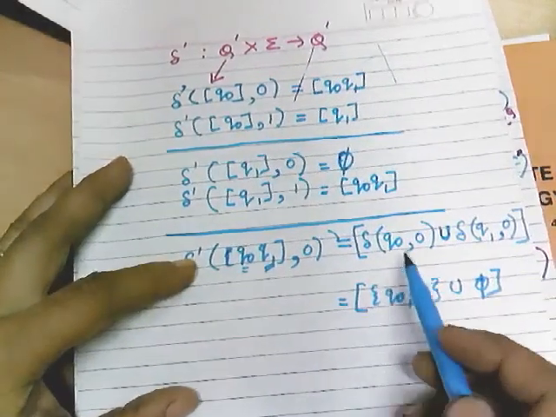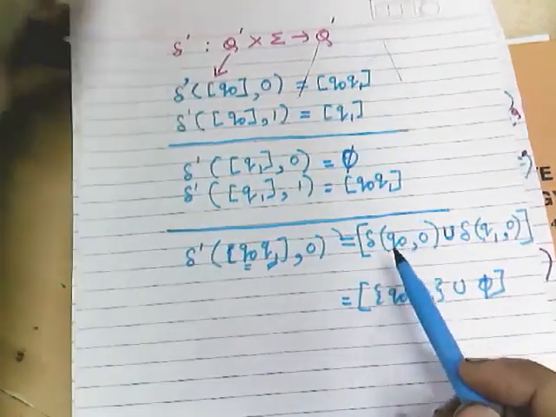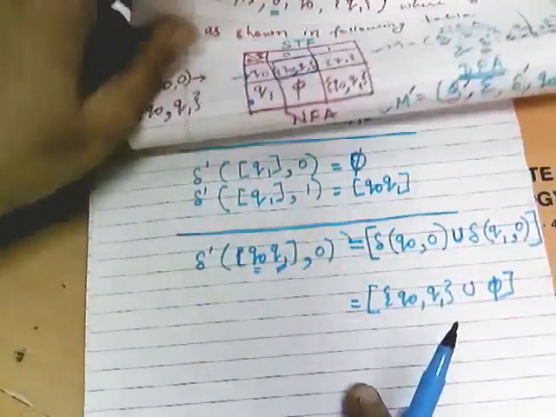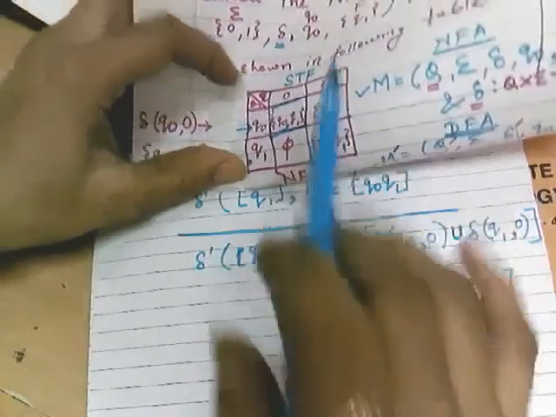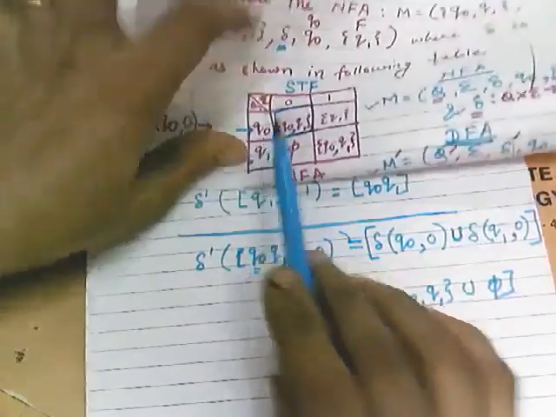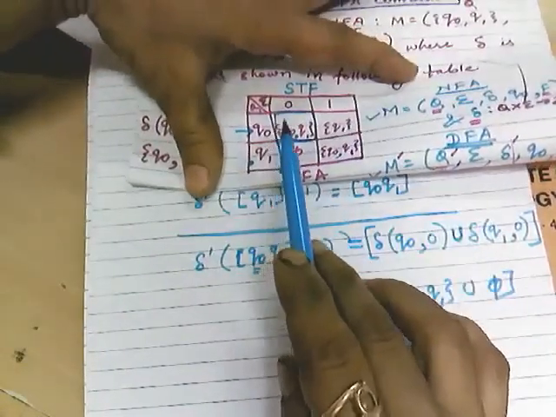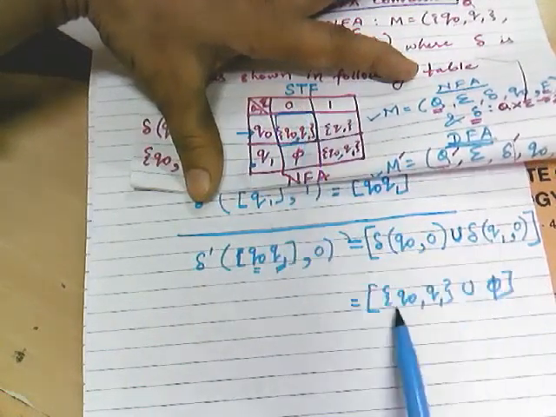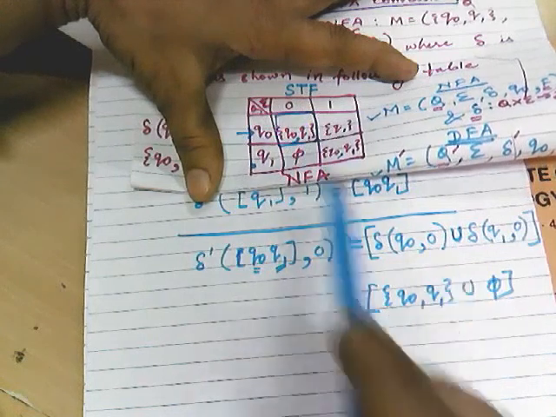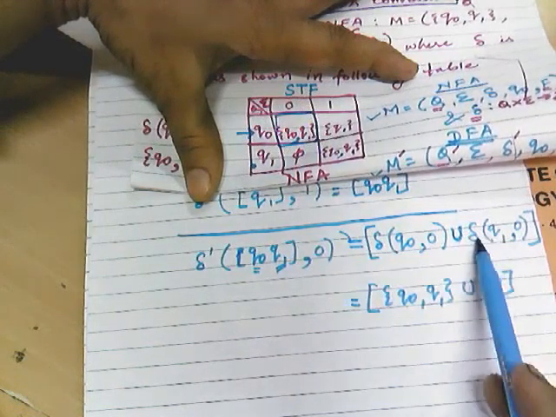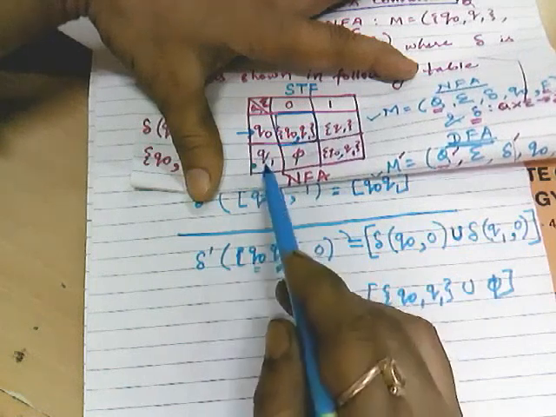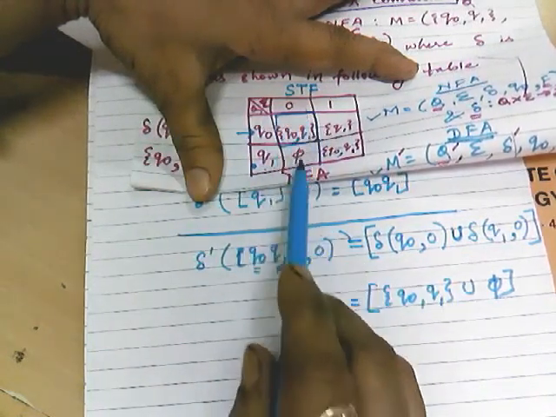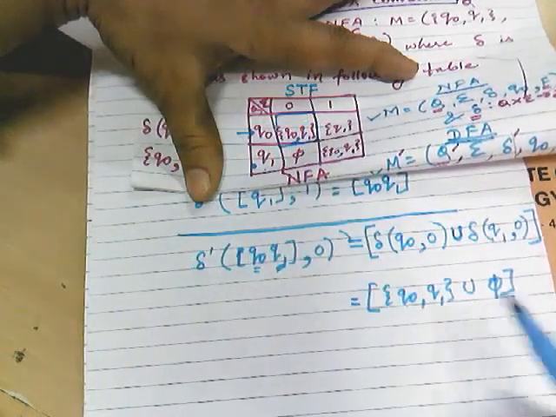So how have I written it? Delta q0 comma 0 is q0 comma q1. I have written q0 comma q1 union delta q1 comma 0, and delta q1 comma 0 is giving me 5, so I have put that value.